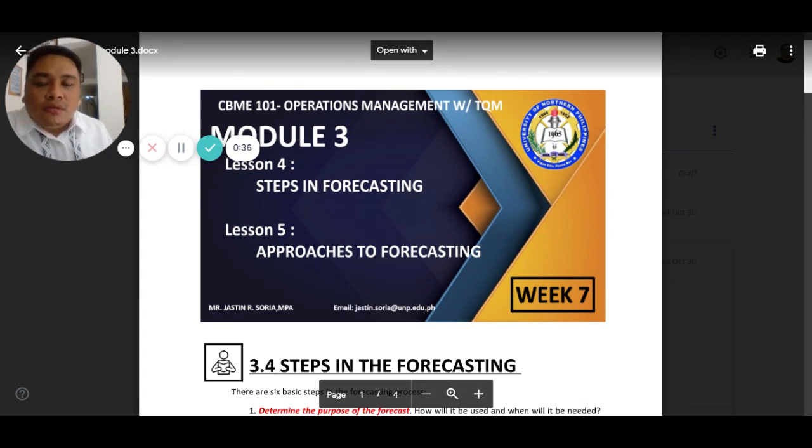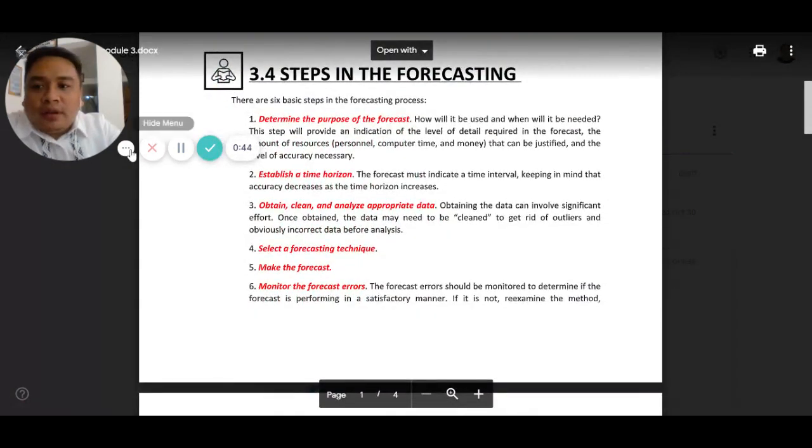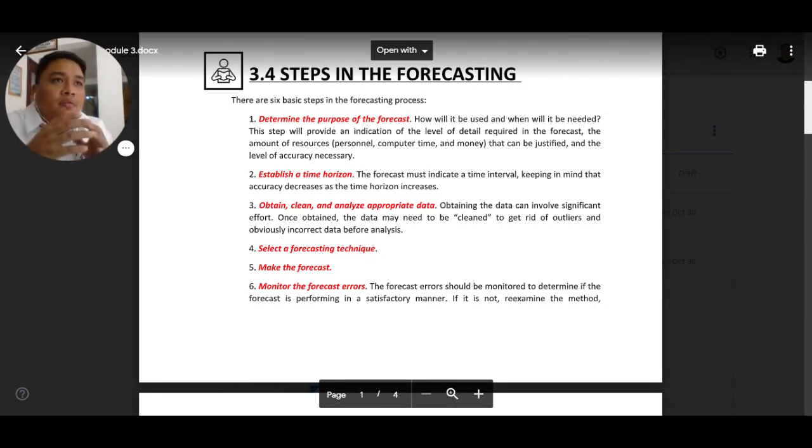Okay, so we now start with our discussion on lesson number 4, steps in forecasting. So there are different steps in forecasting. There are 6 steps. So these 6 basic steps in forecasting determine how we will be able to use this forecasting.